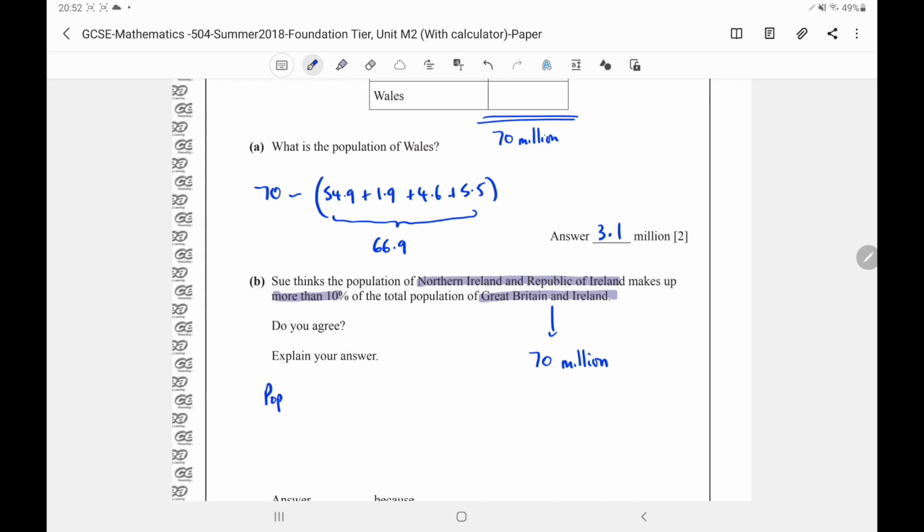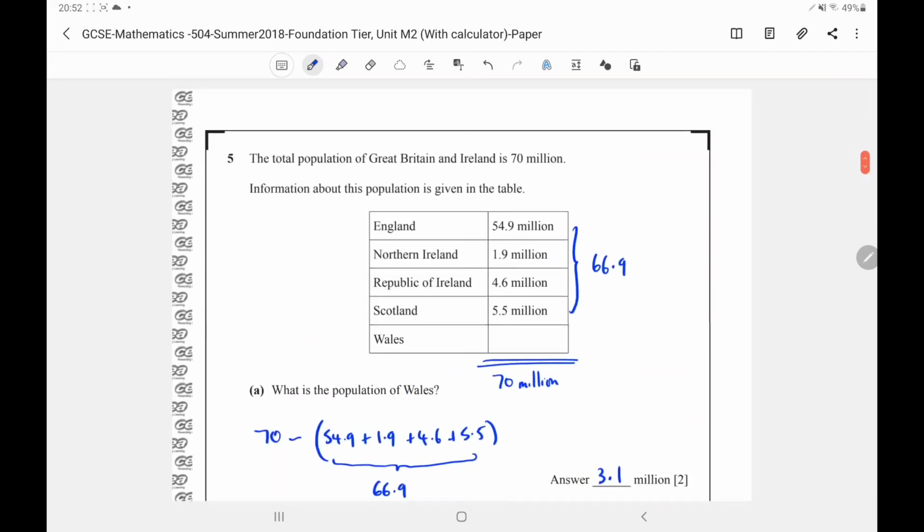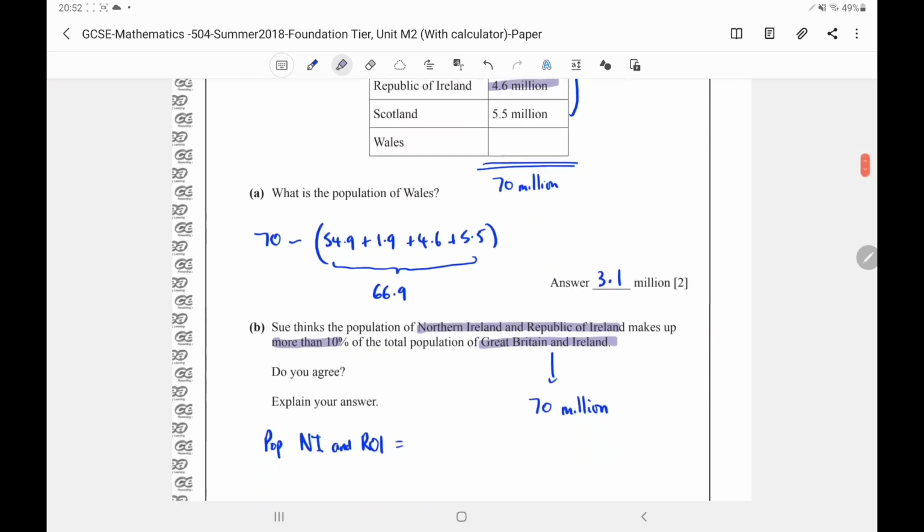Now the population of Northern Ireland and the Republic of Ireland, when we add them up, they are here and here, 1.9 plus 4.6. Well, then we get 6.5. So the population of Northern Ireland and Republic of Ireland together is 6.5 million.